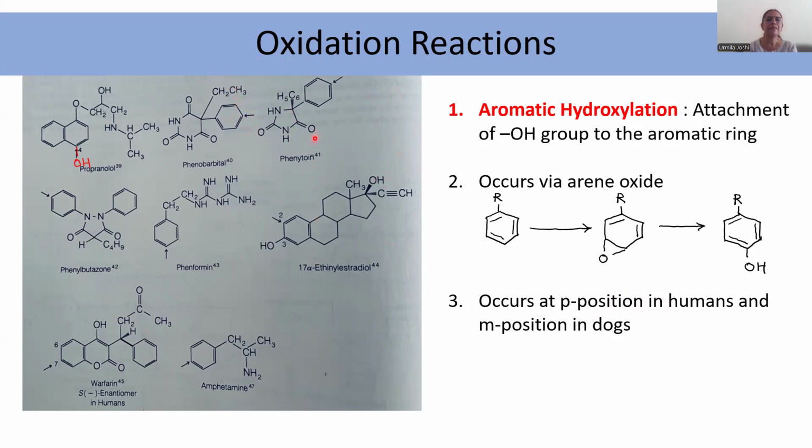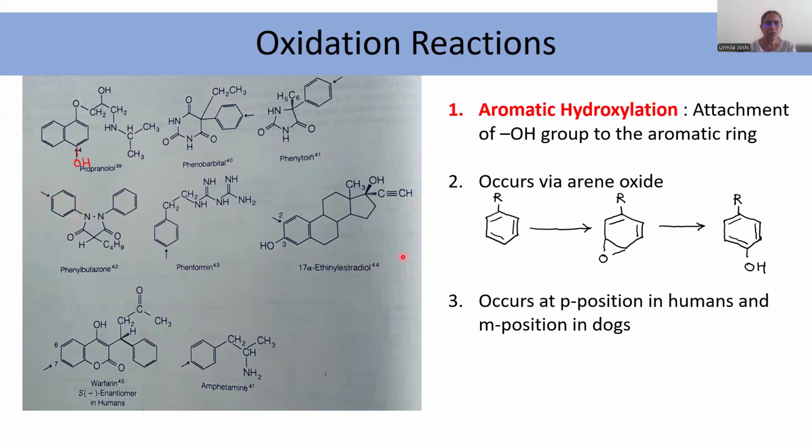Likewise, in phenytoin, one of the rings which is present is hydroxylated at the para position. This arrow indicates the point of attachment of the hydroxy group. In phenylbutazone also, just like phenytoin, one of the rings is hydroxylated, that is, OH is attached over here.